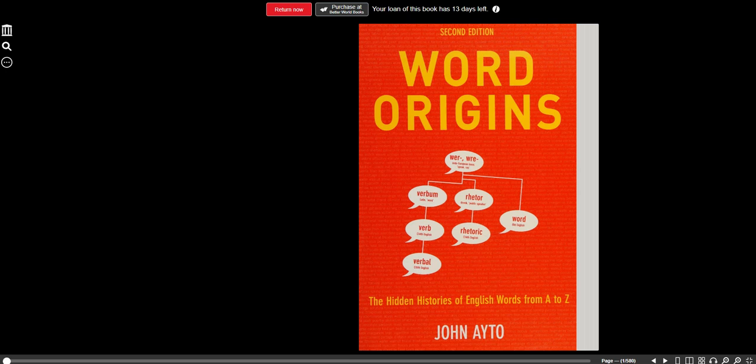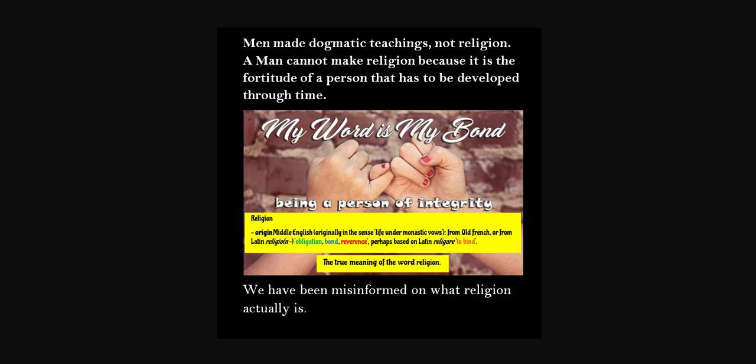So here's another book. Like I said before, etymology. You want to go deeper. You've got to get deeper into it than just what the dictionary is telling you. You've got to go into the culture, the languages, because right there in your dictionary, it's telling you to go to different languages.